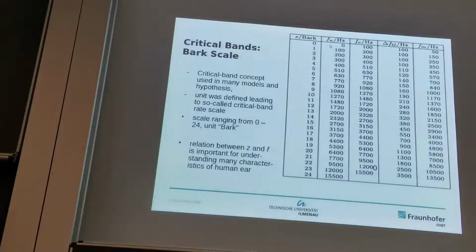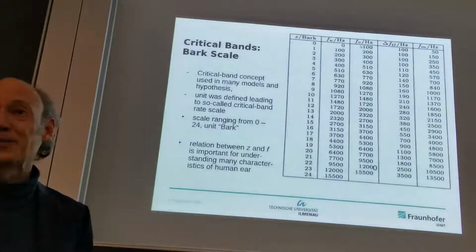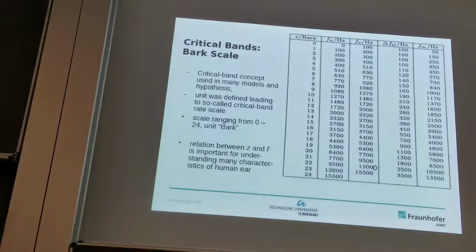U means unter, so lower, O means over, so upper. It comes from this German book about hearing, Zwicker, so that's why I have those German acronyms here. So this is the lower band edge, upper band edge, and this is the center.